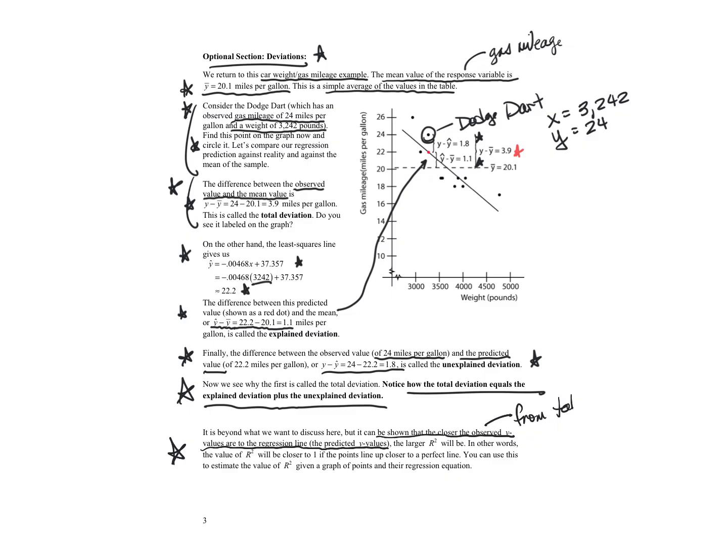The closer those are to the regression line itself, the larger r squared will be. In other words, the value of r squared will be closer to 1 if the points line up closer to a perfect line. And again, if you reread those facts at the top of page 2, you'll sort of see that. You could use this to estimate the value of r squared given a graph of points and their regression equation. But again, that's just not going to come up for us this semester.